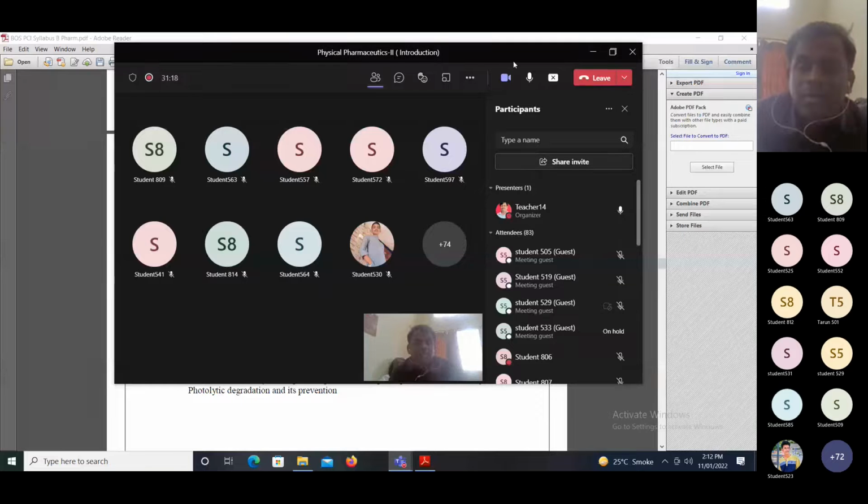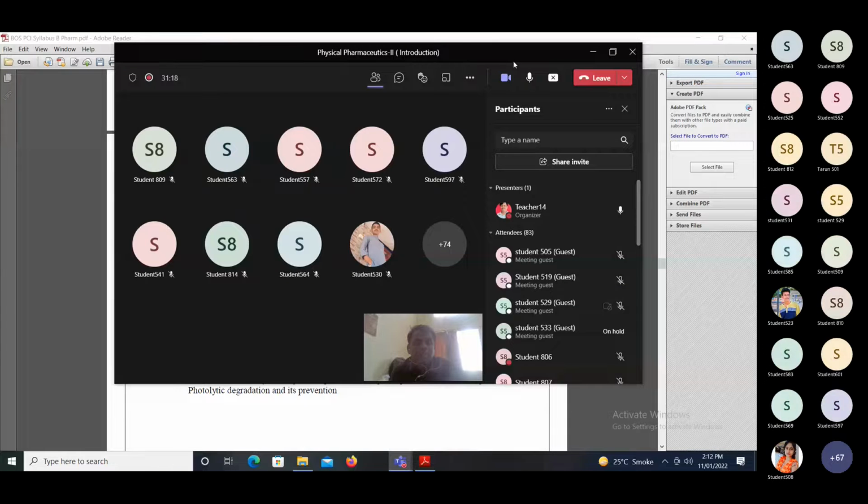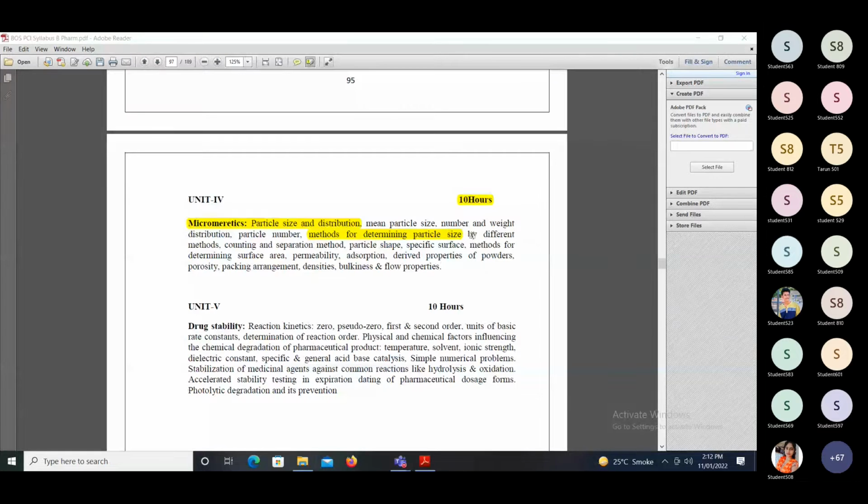After the size and shape of the particle, you have to go for determination of its surface area. Surface area of the particle is determined by using the air adsorption method and the air permeability method.